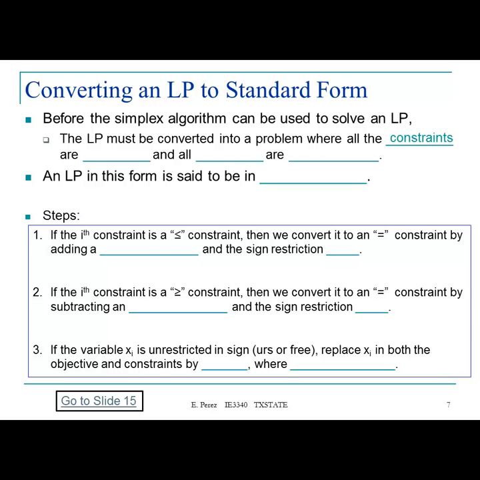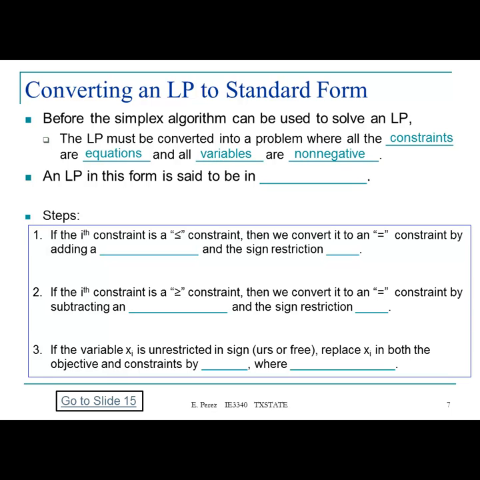So again, the LP must be converted into a problem where all the constraints are equations and all variables are non-negative. We talked about why it's important to have our decision variables as non-negative, greater or equal to 0. But now we also need to find out why it's important to put these constraints in equation form.